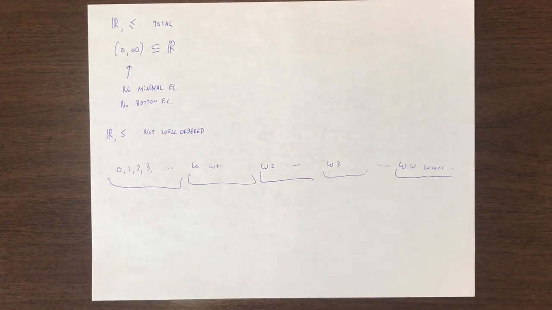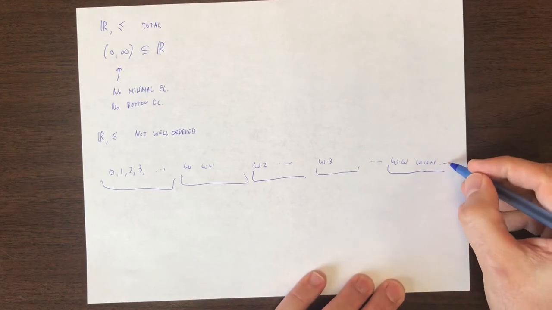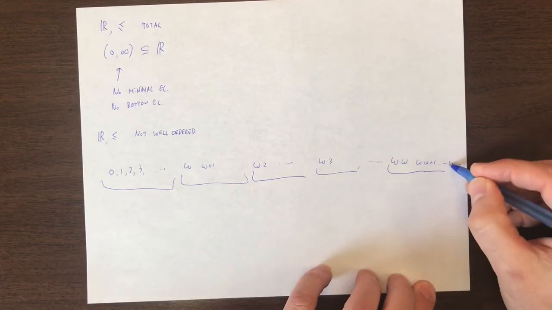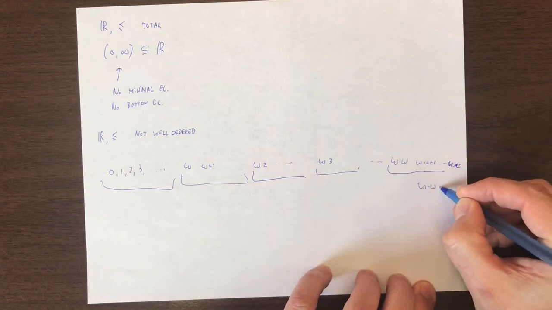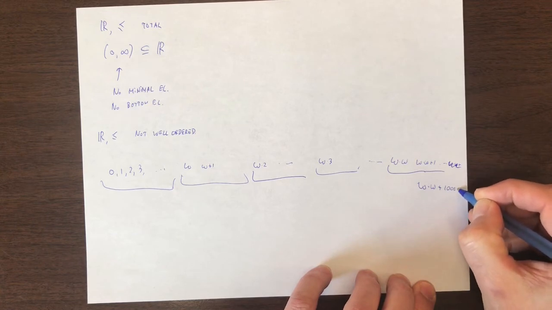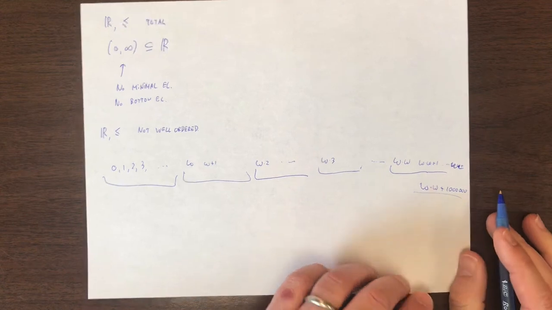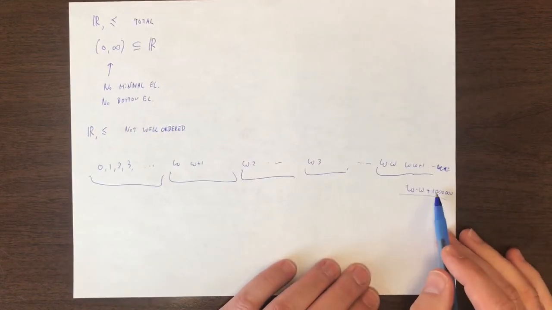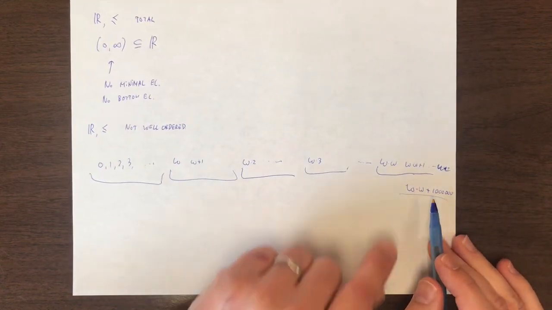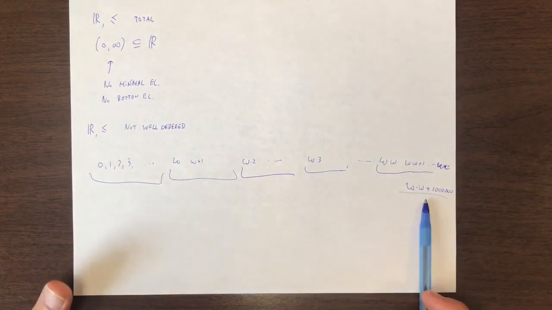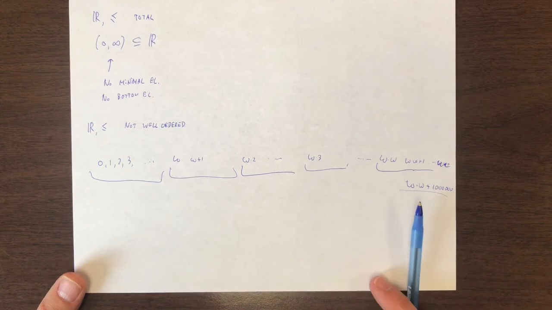Now imagine you pick one of these ordinal numbers. Let's say omega times omega plus 1,000,000. I'm going to pick this ordinal number. Now imagine you have to play a game, and at every point in the game you have to give a smaller ordinal.